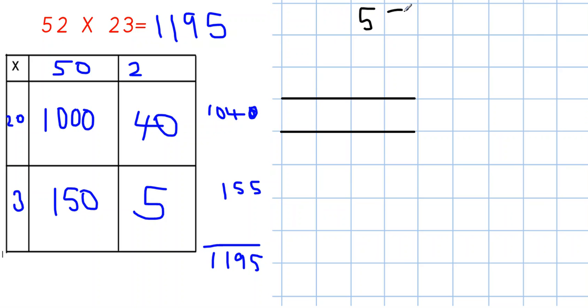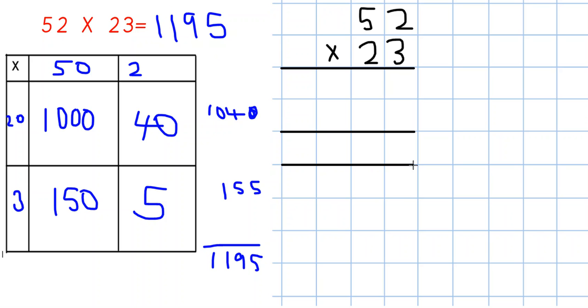So I'll put a 52 in there and multiply by 23. And then I'm going to move that one up there. And I'll just pop in another one for our equal sign down here. Okay, so this row is 52.